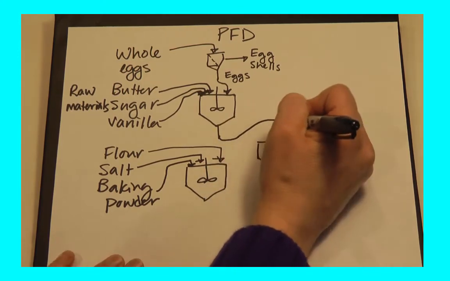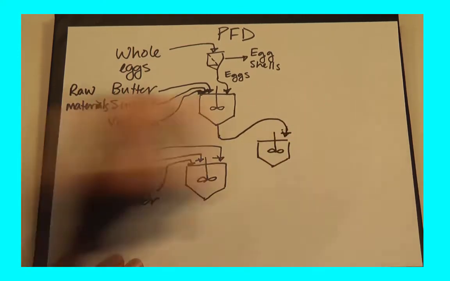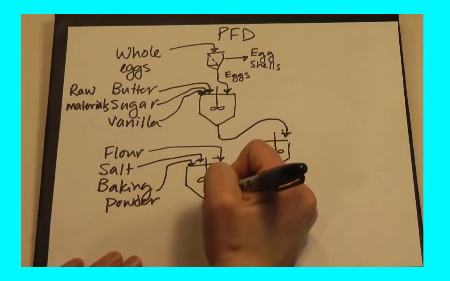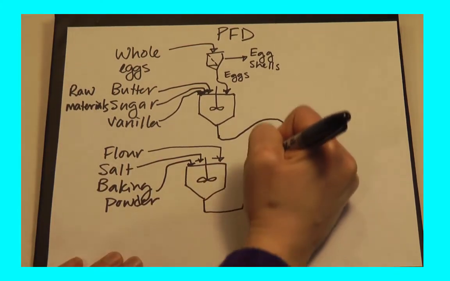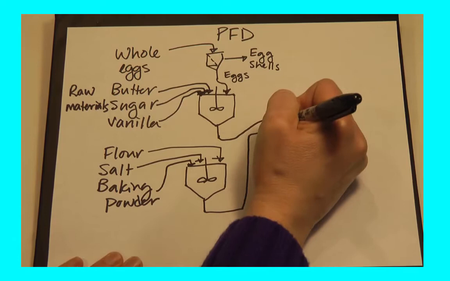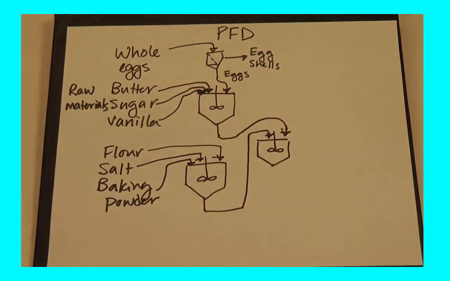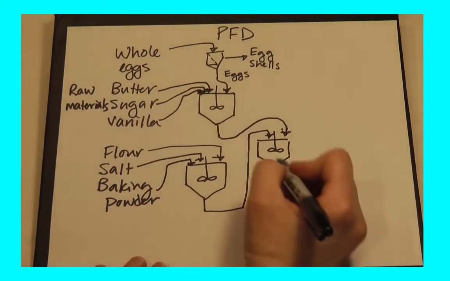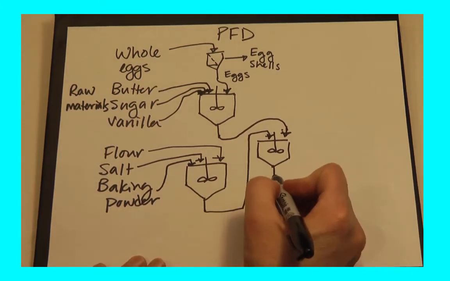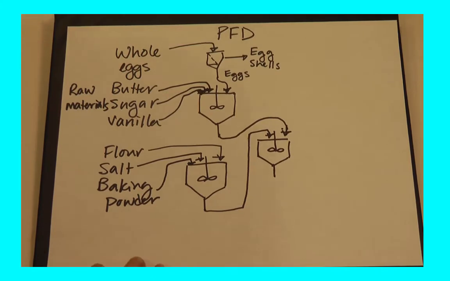So I'll take my wet ingredients and put it into another mixer, and the output of my dry ingredients will also go into this mixer. So now I have cookie dough coming out of my final mixer here.